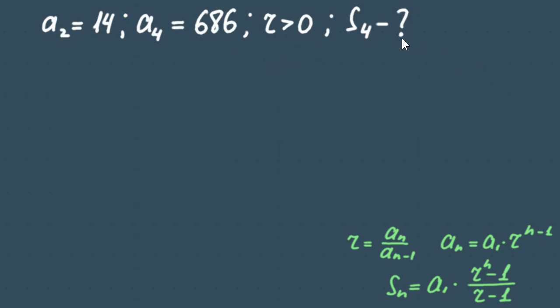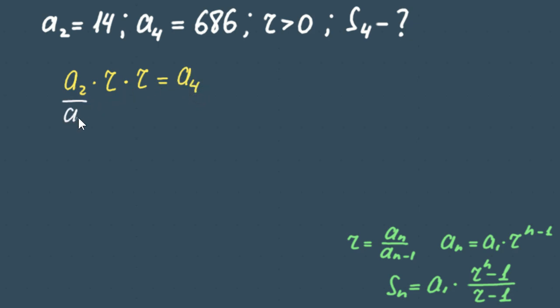Let's find the sum of the first 4 terms of the geometric progression. If I multiply the second term of the geometric progression by the common ratio of the geometric progression, I get the third term of the geometric progression. If I multiply by r again, I get the fourth term of the geometric progression.